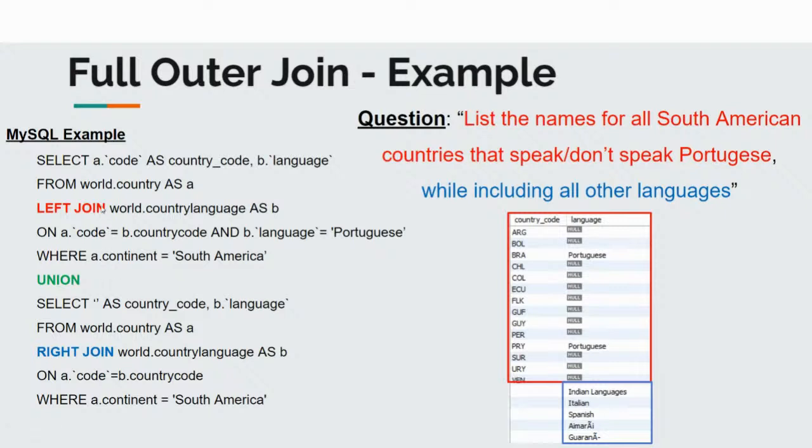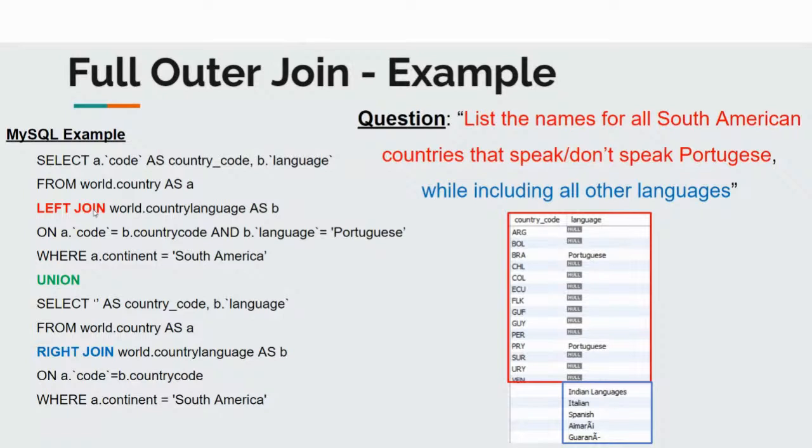We haven't covered unions yet, but remember, unions are where you append the tables on common columns. So a full outer join is the same as a left join in a union with a right join.